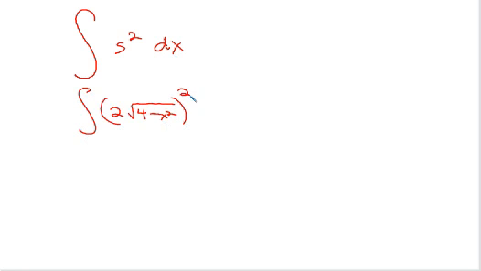And remember, we had s squared dx. So we now know what s is: 2 times the square root of 4 minus x squared, and that whole thing is being squared, dx. What are my limits of integration? Well, it's a circle with a radius of 2, so it's from negative 2 to 2.